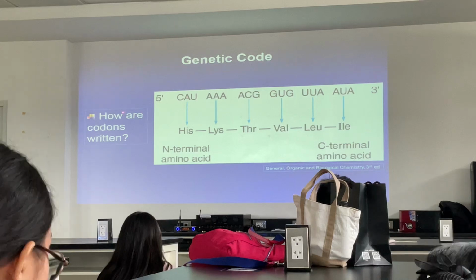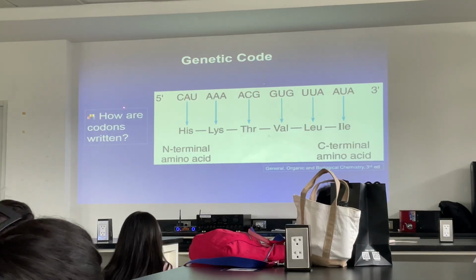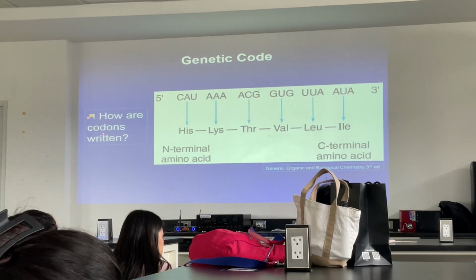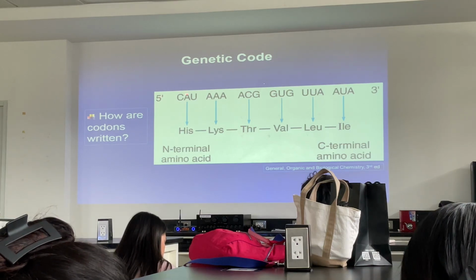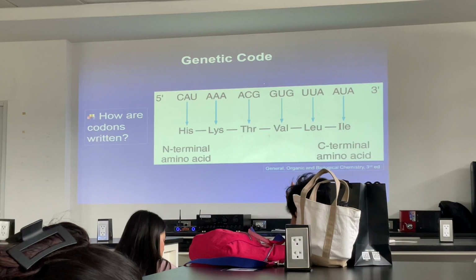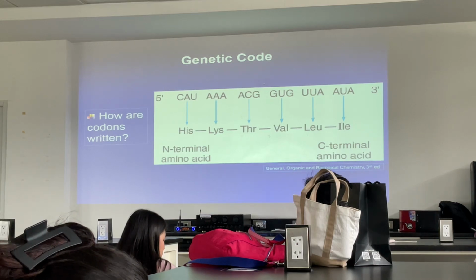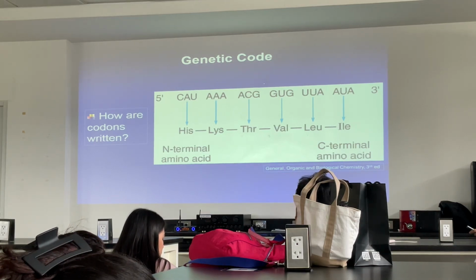So how are codons written? It is written starting from the 5' end to the 3' end. So again, what did we say earlier?